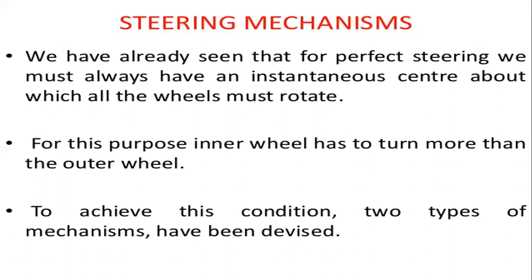For this purpose, the inner wheel has to turn more than the outer wheel. To achieve these conditions, two types of mechanisms have been devised and classified as steering gear mechanisms.